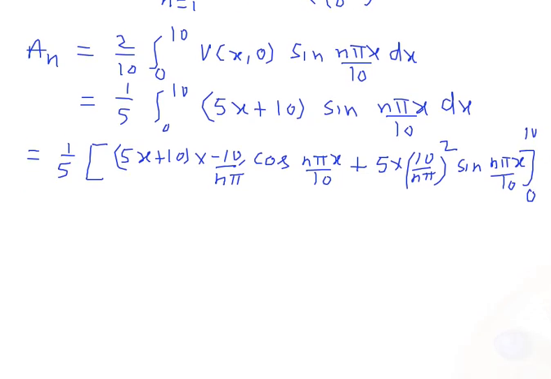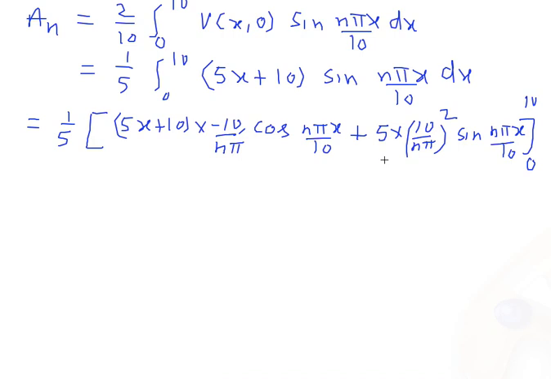When you take the limit, the second part will be 0, and the first part gives, with 10 over n pi going out, minus 2 over n pi times the bracket: when you put 10, this is 60 cos n pi, and minus x equal to 0, that means 10.